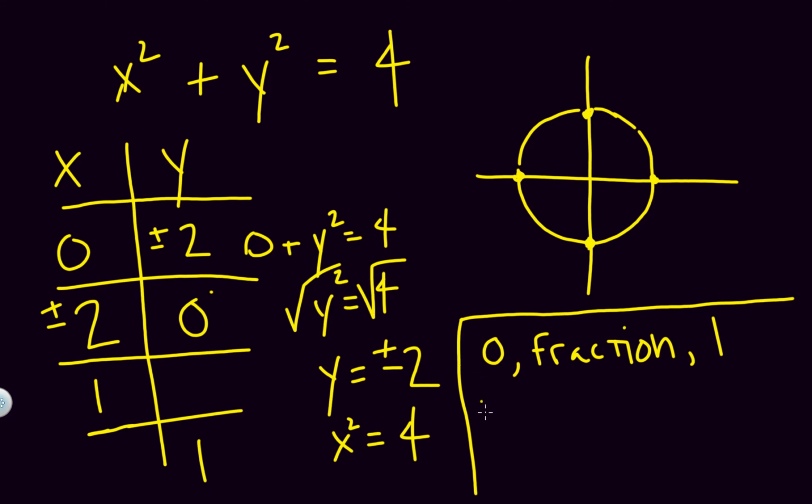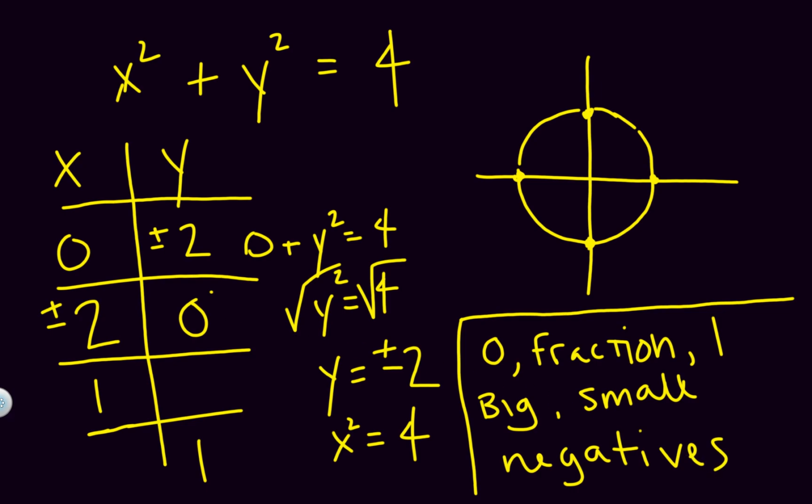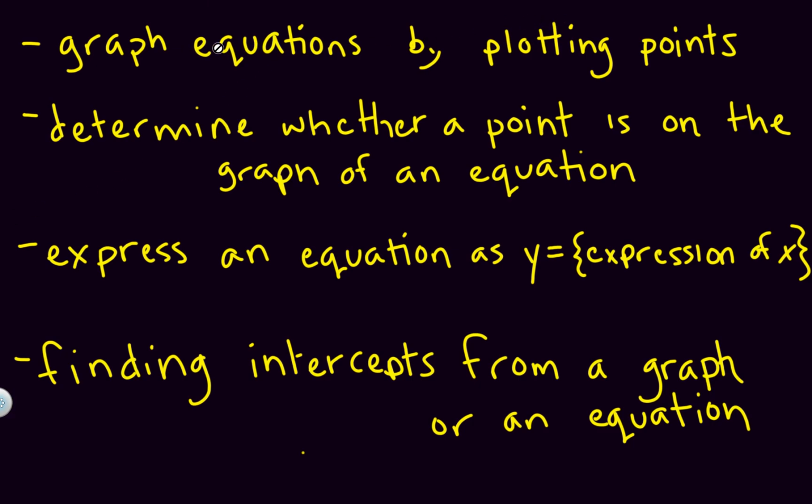You want to plug in really big numbers, really small numbers. Make sure you plug in negatives, and you can see what's going on with the function. And that is graphing equations by plotting points.